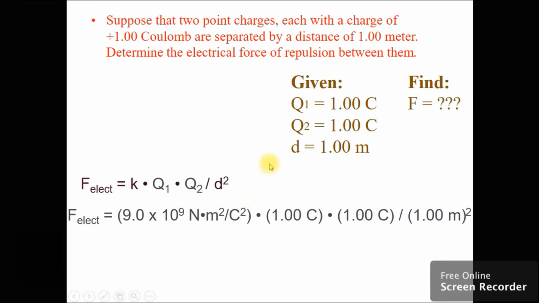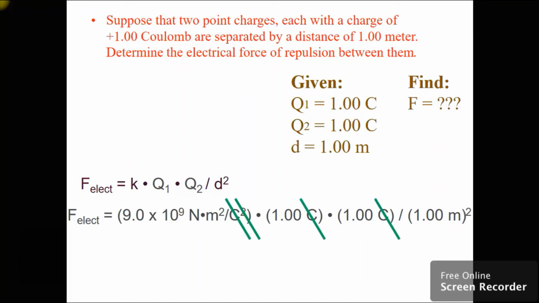Now, I'm going to plug in those numbers. K is 9.0 times 10 to the 9th newtons times meters squared divided by coulomb squared. That's K. Q1 is 1 coulomb, and Q2 is 1 coulomb. And then divided by 1 meter, don't forget, squared. Now, I'm not going to go through the math of 9 and 10 to the 9th and all that.